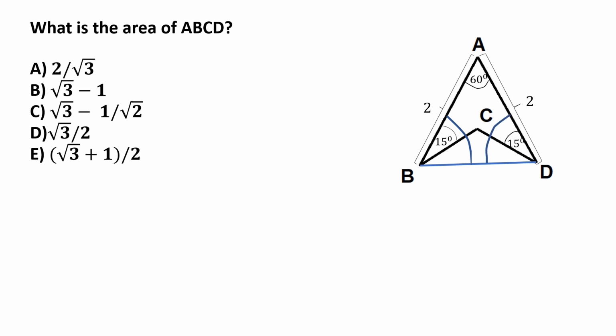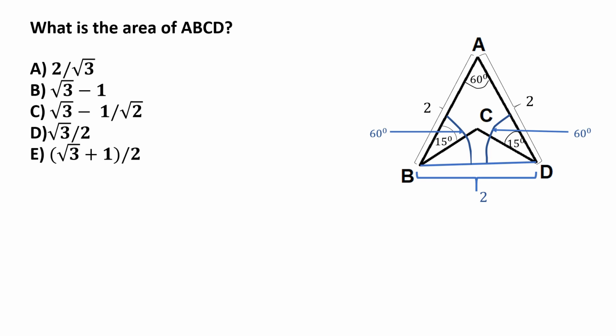Those are the two angles marked in blue, namely angle ABD and angle ADB. Each of those angles will also be 60 degrees, and that makes the whole triangle ABD an equilateral triangle. So BD will also be equal to AB and AD, and hence it will be equal to 2.